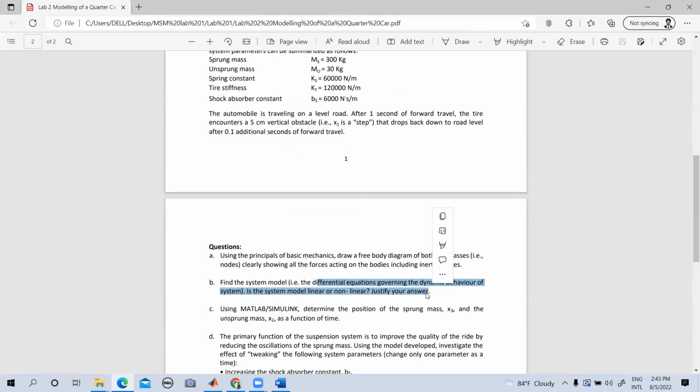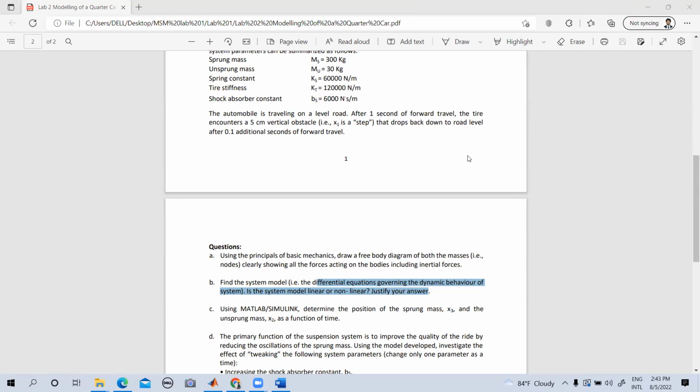Is the system linear or non-linear? Can someone answer? You all have modeled the quarter car in the lectures, right? Sorry, I didn't hear you. It's linear.